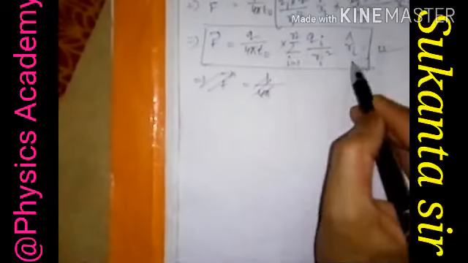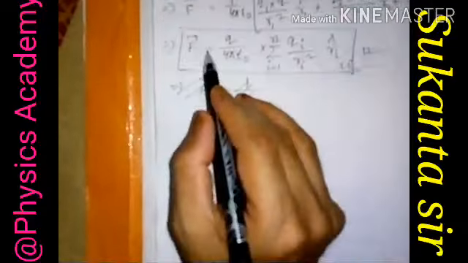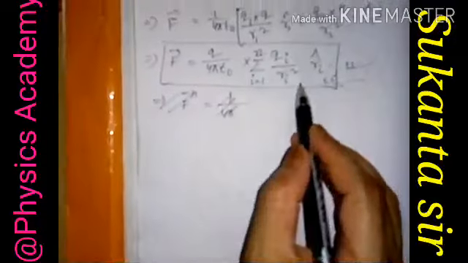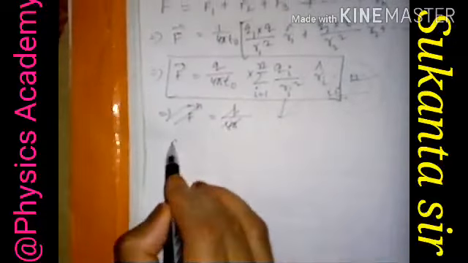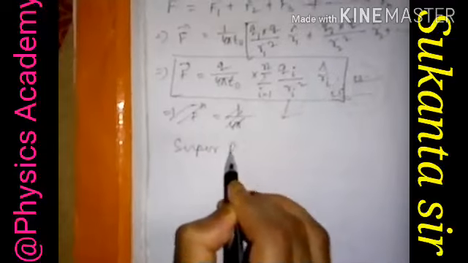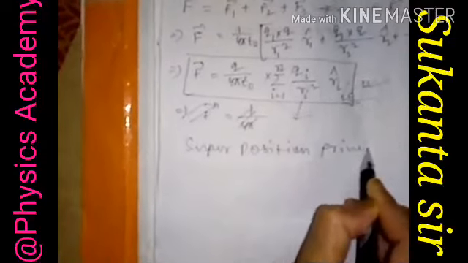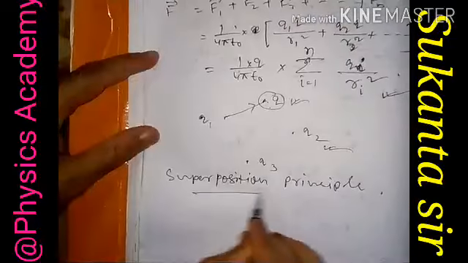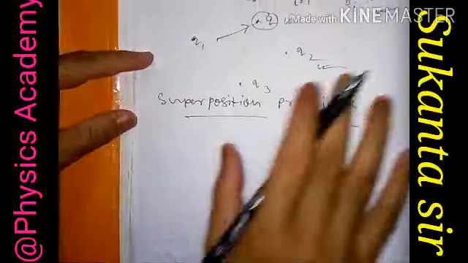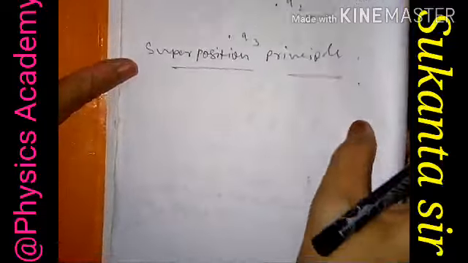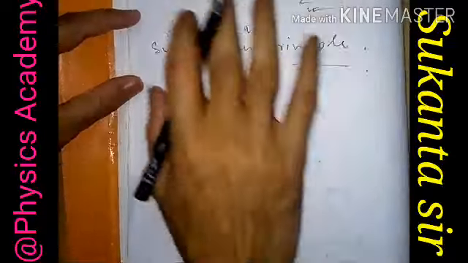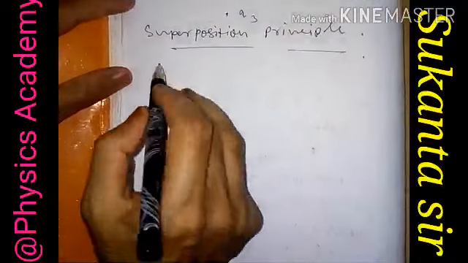This is the total force on the charge q due to the system of charges. This is also known as the superposition principle. So this is Coulomb's law and some important notes.